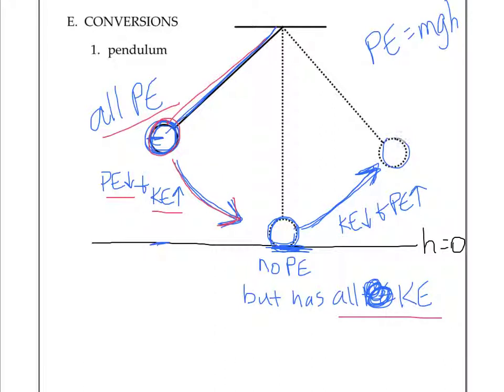And then once it reaches that highest point, even with the other side, it's turned back into all potential because it actually stops for that brief moment before it turns back around. So we're keeping the same total amount of energy the whole time. It's just switching back and forth between potential and kinetic. And the little wrecking ball over on the side, we're going to practice with that one.